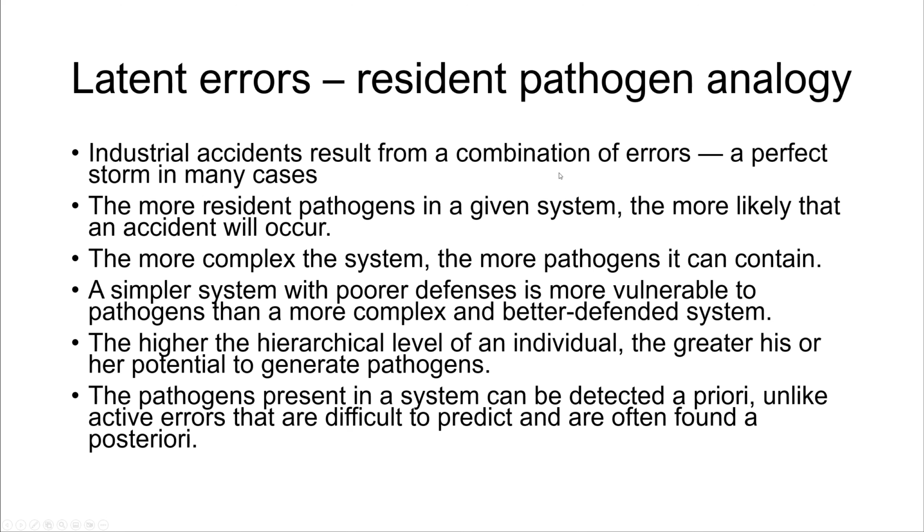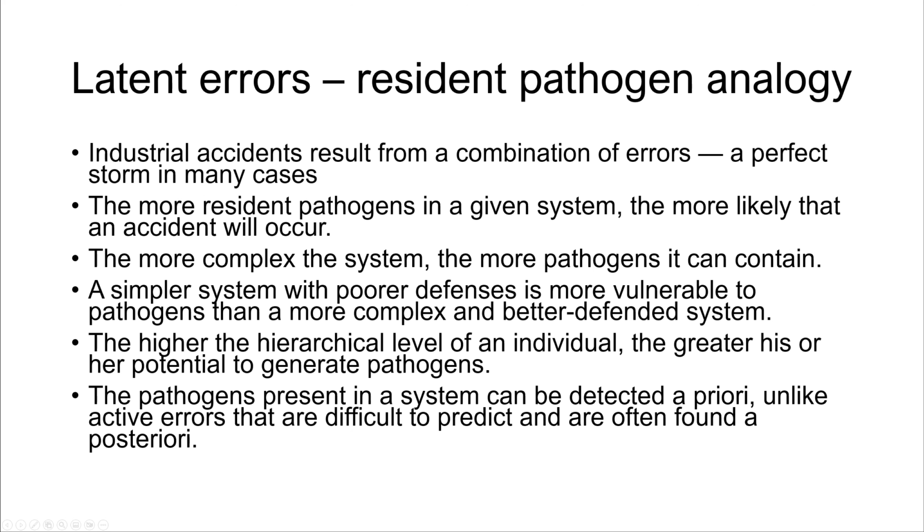This is an organizational thing where we see folks at a higher level in the org chart typically having outsized impact on the generation of latent errors. And then the pathogens present in a system can be detected a priori, unlike active errors that are difficult to predict and are often only found a posteriori. So the pathogens can be detected long before through audits or assessments, different methods there.